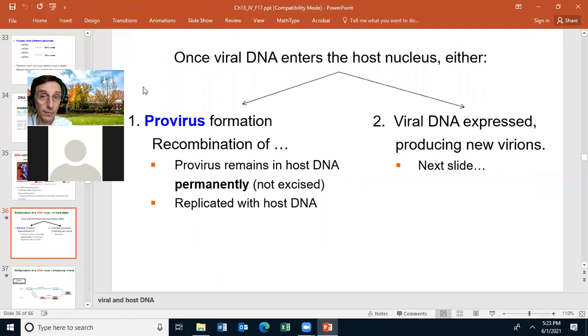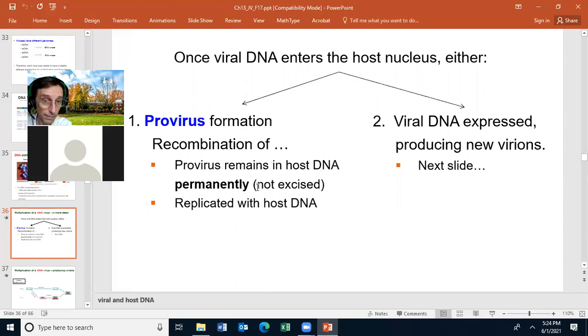Once the DNA enters the host nucleus, one of two things can happen. The DNA can form a provirus, and that is where the viral DNA genome integrates into the host cell's DNA. The recombination of the viral DNA into the host cell DNA is permanent, meaning a provirus will remain in the host cell's DNA for the life of that cell.